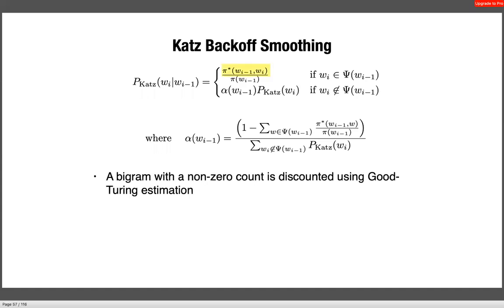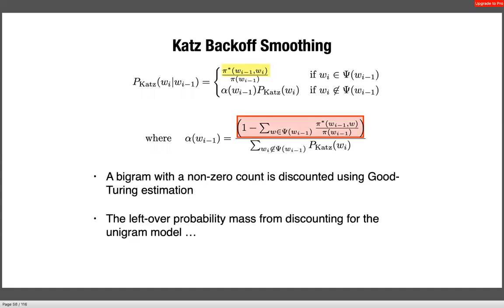Let's try to step through this. How did we come up with this expression for alpha of w_{i-1}? Here, this is discounted, right? The P star, which is now highlighted in yellow. So it's discounted, which means there is some probability mass that has moved away from the seen n-grams.